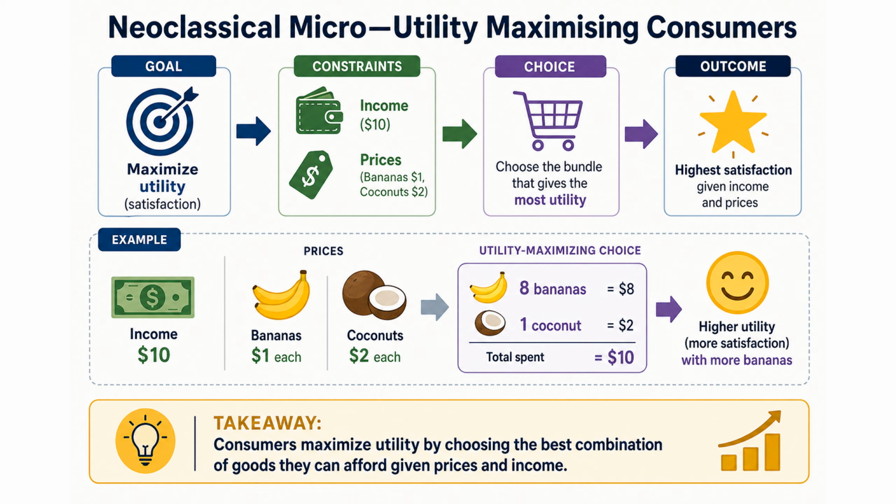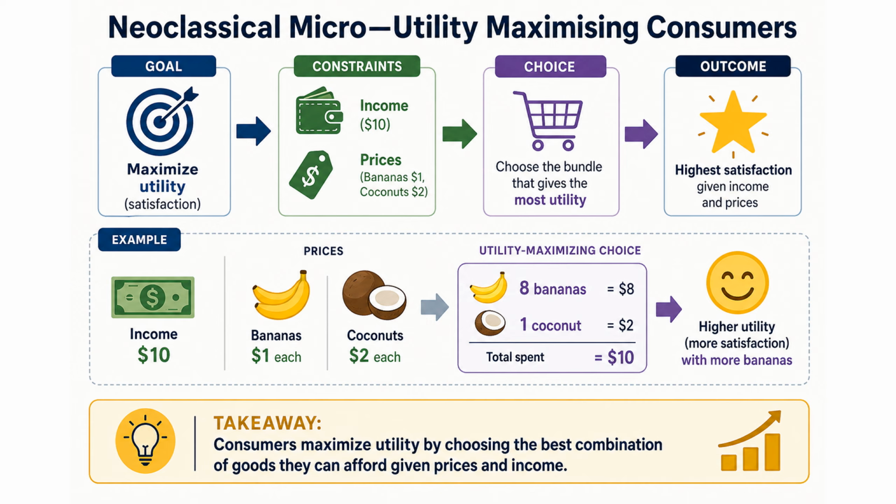For example, if a consumer has $10 and bananas cost $1 each, while coconuts cost $2 each, they will buy more bananas to maximize their utility. What this example shows is that consumers will allocate their budget to purchase more of the goods that provide them with the highest satisfaction relative to their cost. Understanding how consumers maximize utility helps us predict demand patterns in the market, which is essential for businesses and policymakers.